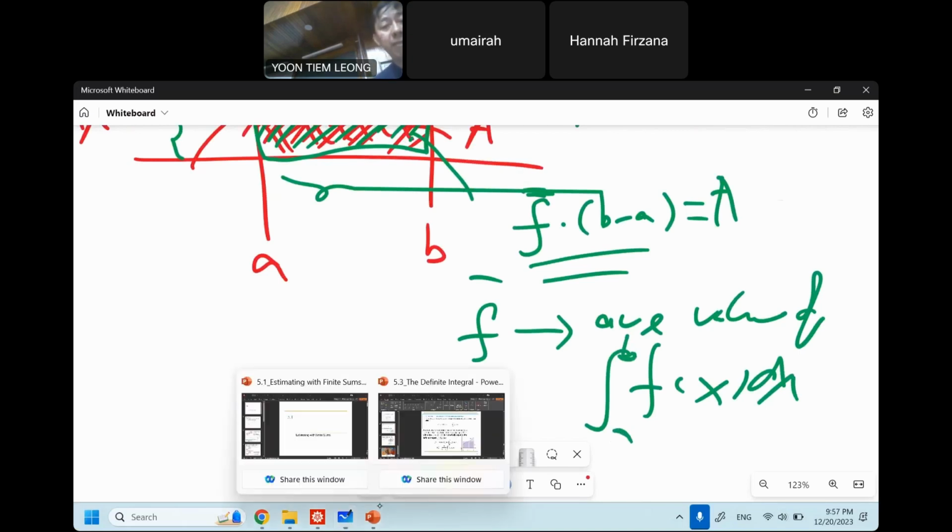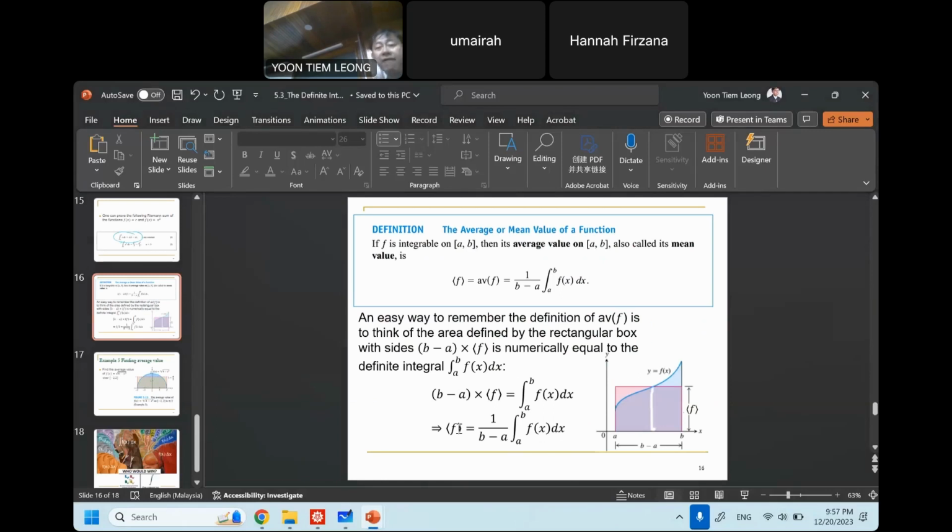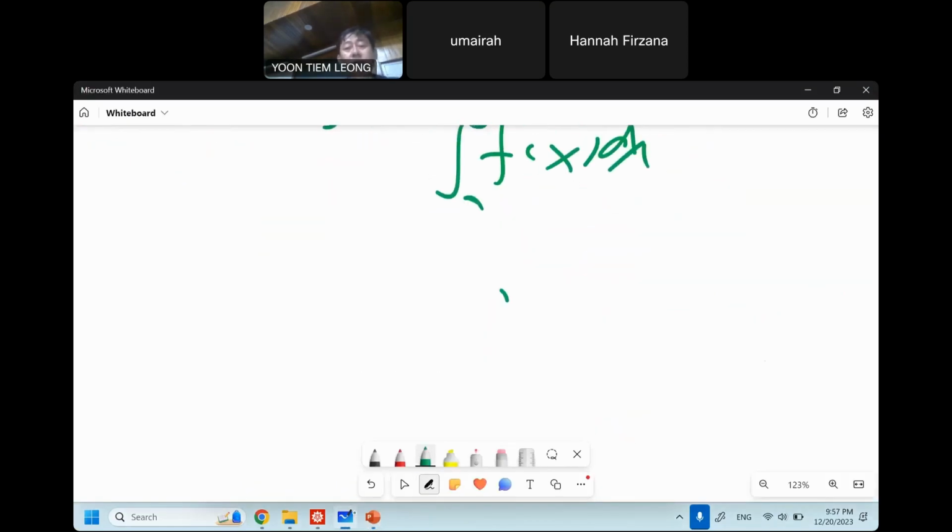So that is what we mean by the average value of the function. So if I give you a function, then I ask you to calculate its average value.